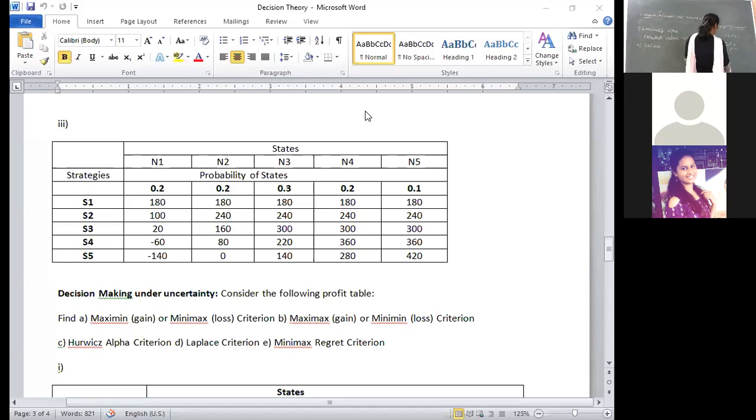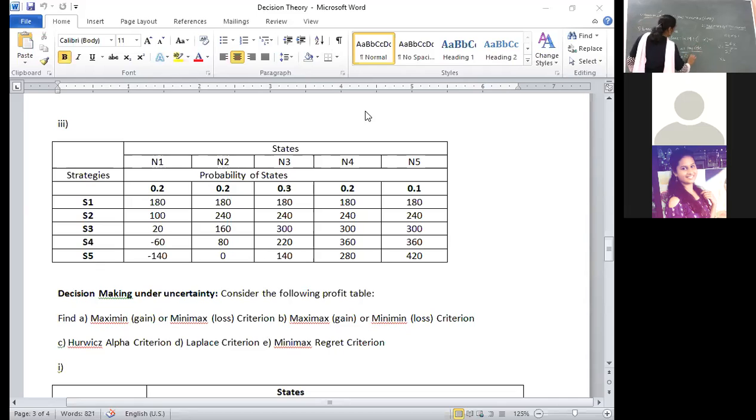That's why the formula for Laplace criterion, again, expected payoff only we are going to calculate, that is expected value. The formula is sum of all payoffs upon total number of states.